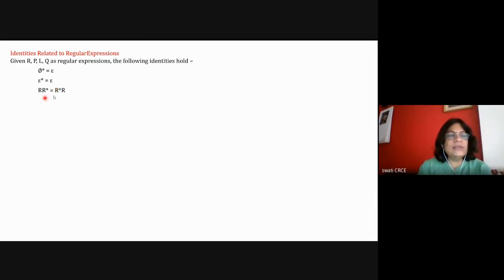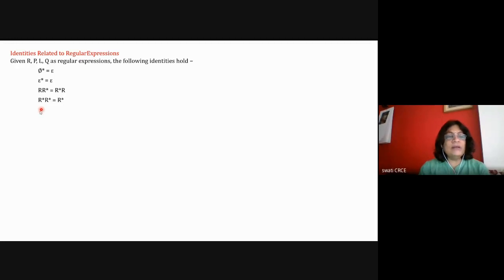This is the same because the star is appearing multiple times, zero or many times, but one is compulsory. Here the last one is compulsory, and there the first one is compulsory. So both are nothing but the same. So you can rewrite any regular expression R star as R star R. Both are the same. If you have any doubt, please unmute and ask me.